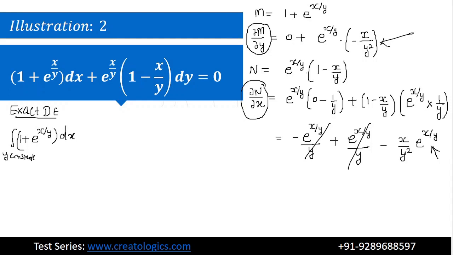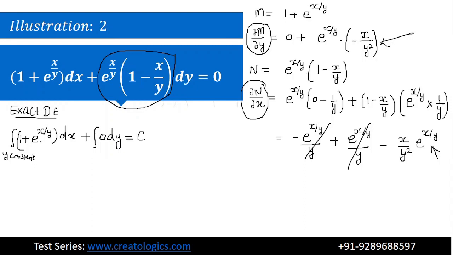Remember this, y is constant here, plus terms of N that do not contain x. Can you find any term in this which may not contain x? No, there is no such term. All the terms will contain x. It means this part is 0, dy is equal to c, where c is the constant of integration.